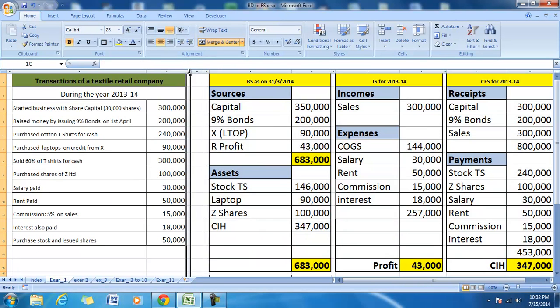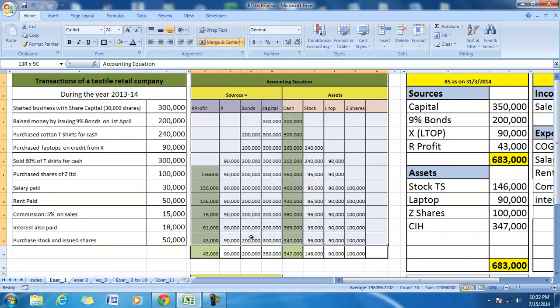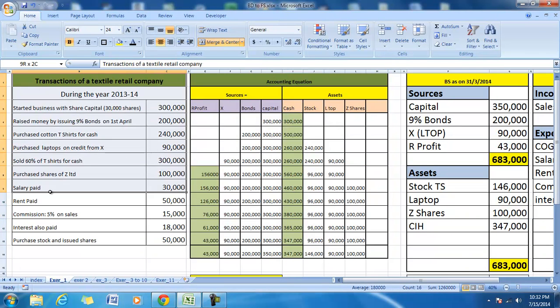However, there is something intermediary step. That intermediary step is the accounting equation. All these transactions, after every transaction, the S will be equal to A. So every transaction affects the source and application in such a way that S will be equal to A. At any point of time, you can represent this equation in the form of a balance sheet.